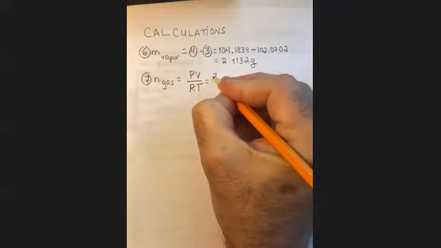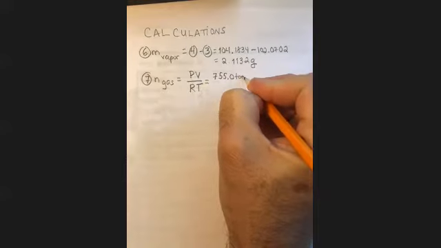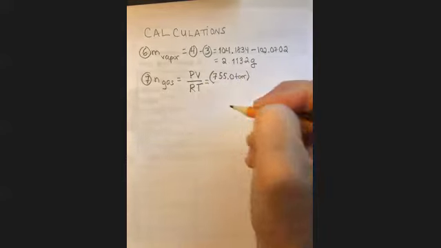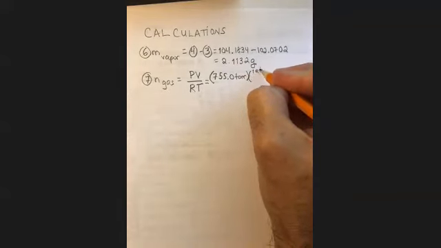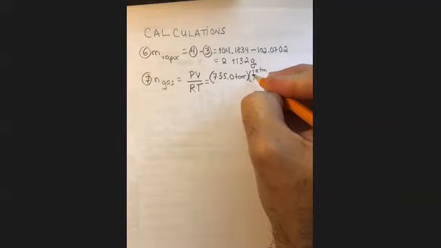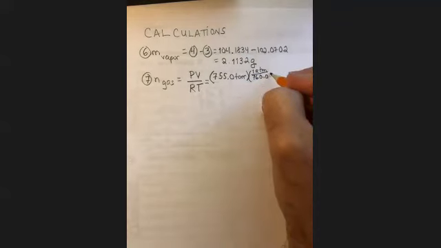We have 755.0 torr, which we had to convert to atmospheres. So we know that 1 atmosphere is 760, I'm going to go ahead and make it exact, torr.